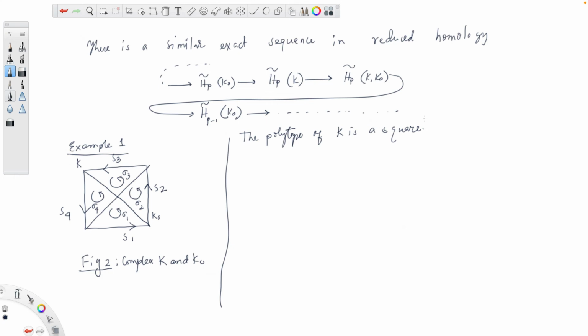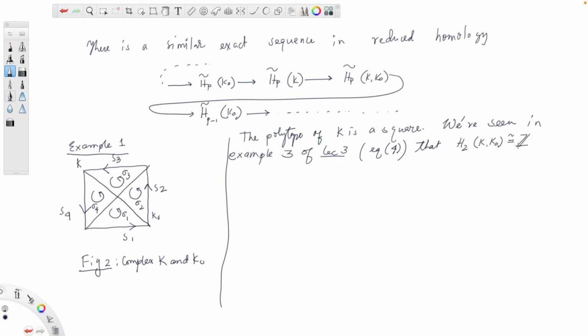We have seen in example 3 of lecture 3, in equation number 4 of lecture 3, that the relative homology group of K mod K0 in dimension 2 is isomorphic to the additive group of integers.